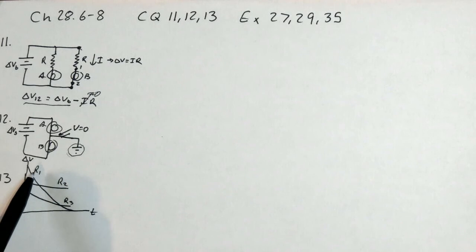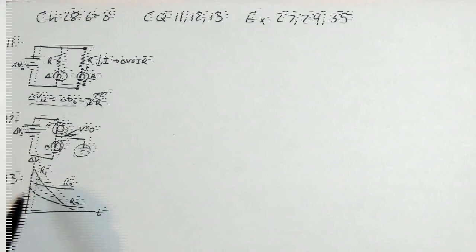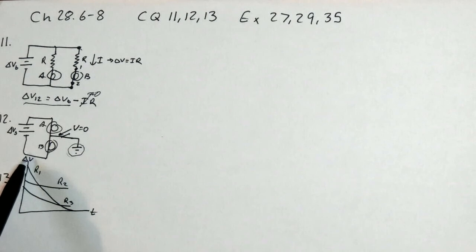The resistance associated with this potential versus time curve is R1, for this one is R2, for this one is R3. The question is, rank these 3 resistances. So we have to ask, how is resistance related to this capacitor voltage as a function of time?